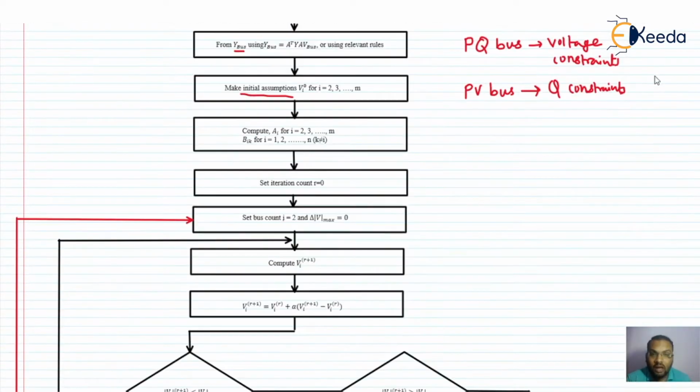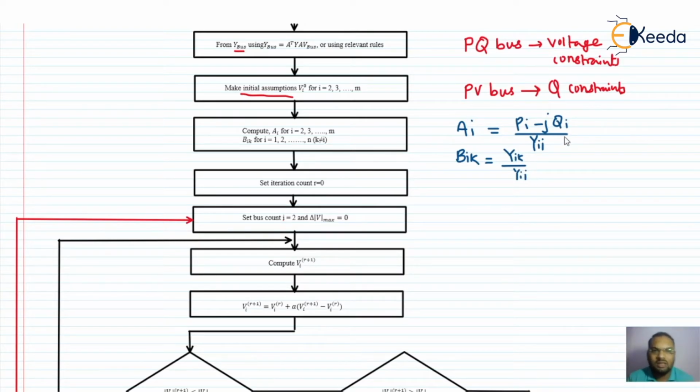Next, as we know, there are certain constants, Ai and Bik. What is Ai? It is simply Pi minus jQi divided by Yii, and Bik is nothing but Yik divided by Yii.